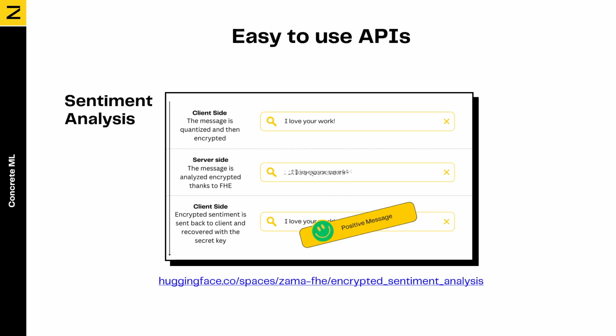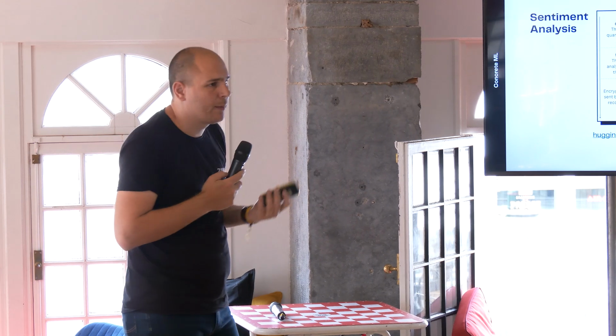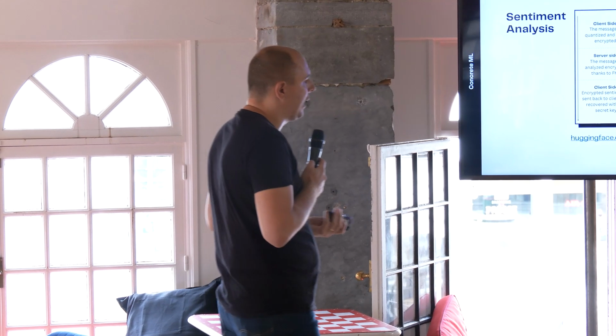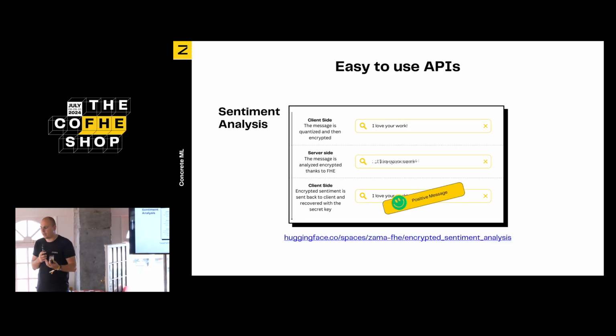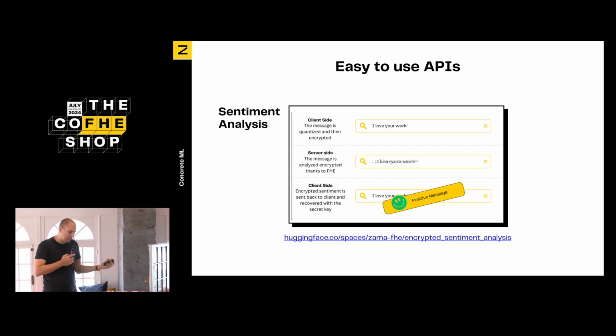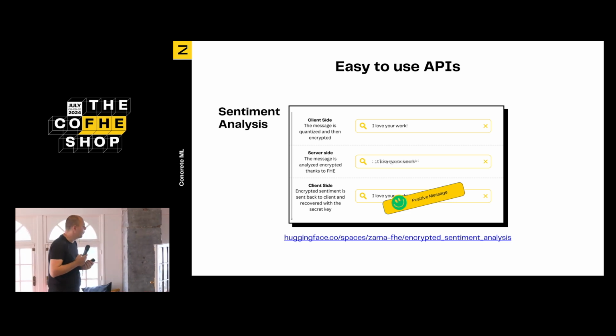Okay, so some other use cases. Sentiment analysis is also a very popular one. So here we're taking a phrase or a paragraph, and we want to know what the predominant sentiment in this text is, a positive, neutral, or negative one.